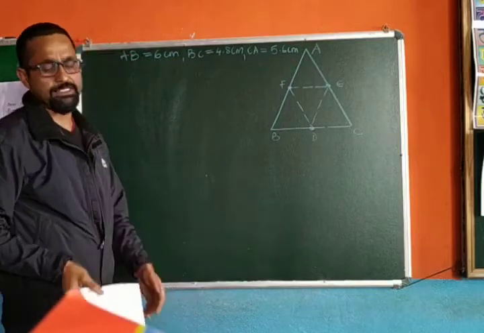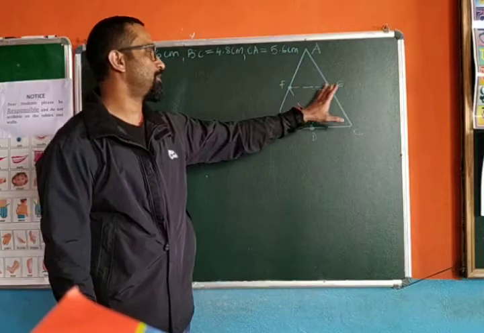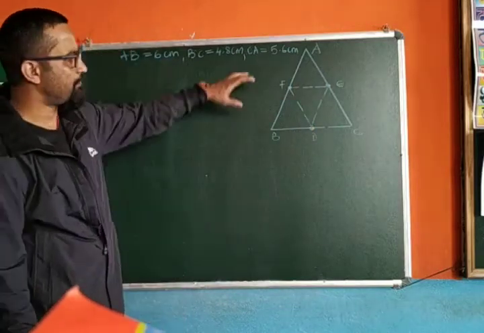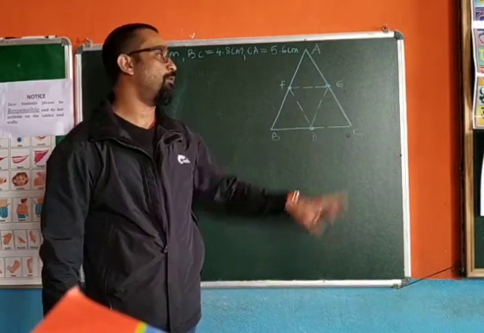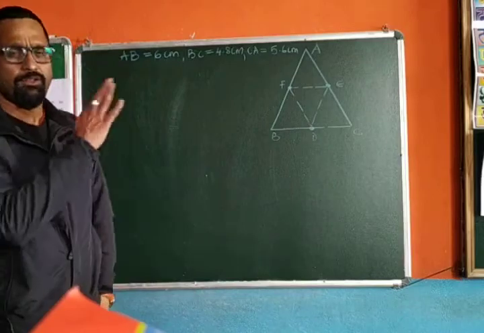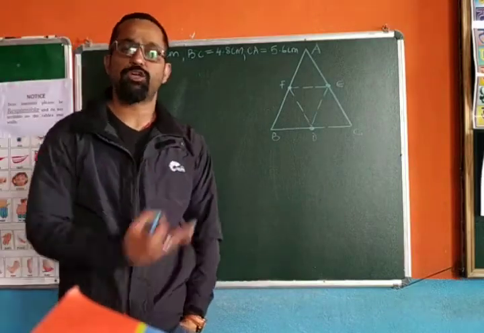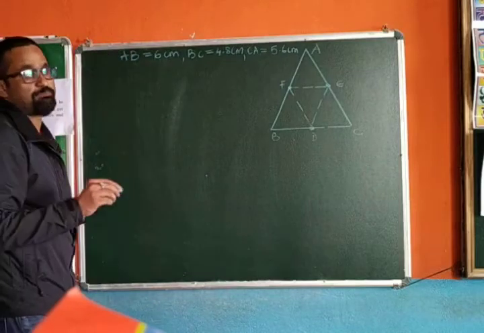With the help of these given values, you need to calculate the perimeter of the trapezium, that is FBCE, or you can say ECBF. You need to use the midpoint theorem to solve this. Look at the calculation part.